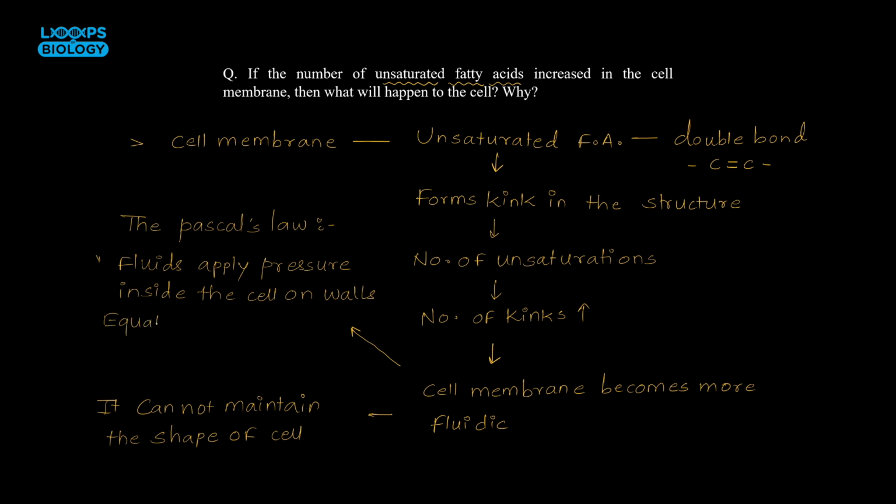And if the cell membrane is more fluidic, then it can rupture. So the cell membrane can rupture and could not gain its proper shape. So that is one of the main problems that will be caused if unsaturated fatty acids are increased inside a cell. Got it, guys? Let's move on to the next question.